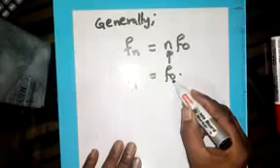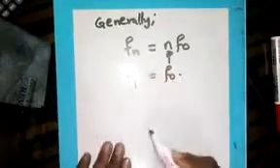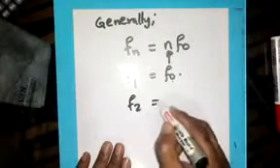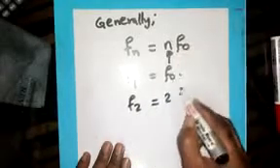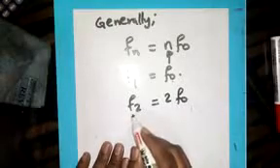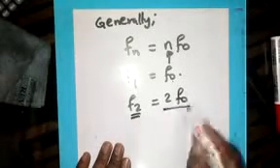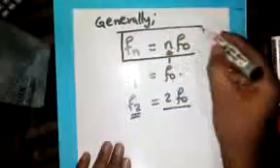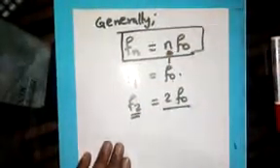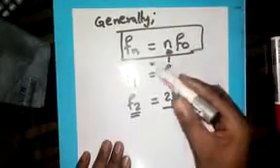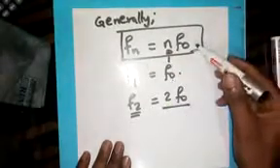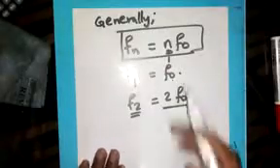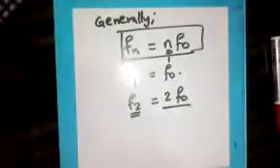Therefore, the first harmonic is the same as the fundamental frequency. If n is 2, we get 2 times F0. Therefore, the second harmonic is twice the fundamental frequency. Therefore, this formula is correct: the relationship between the harmonics and the fundamental frequency is given by Fn equals n F0.